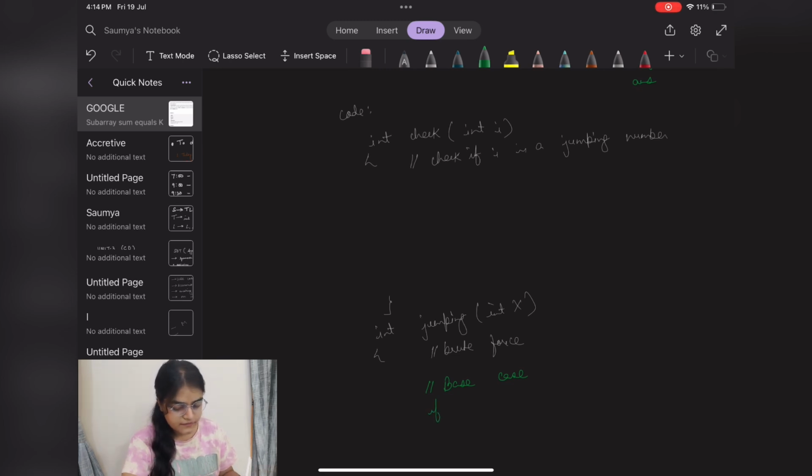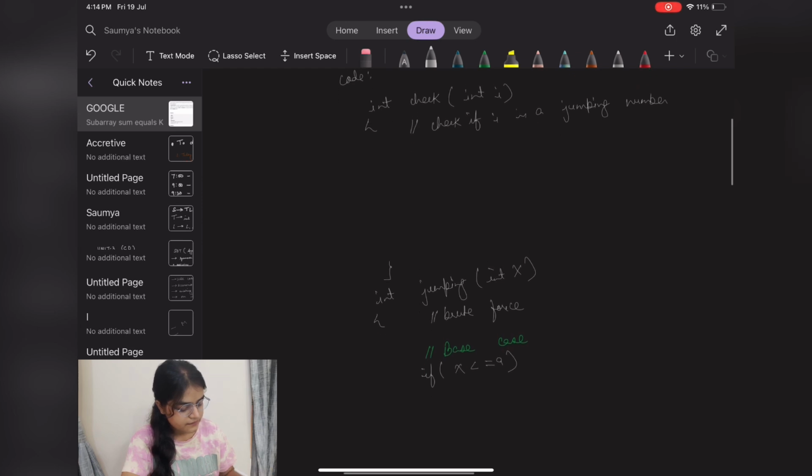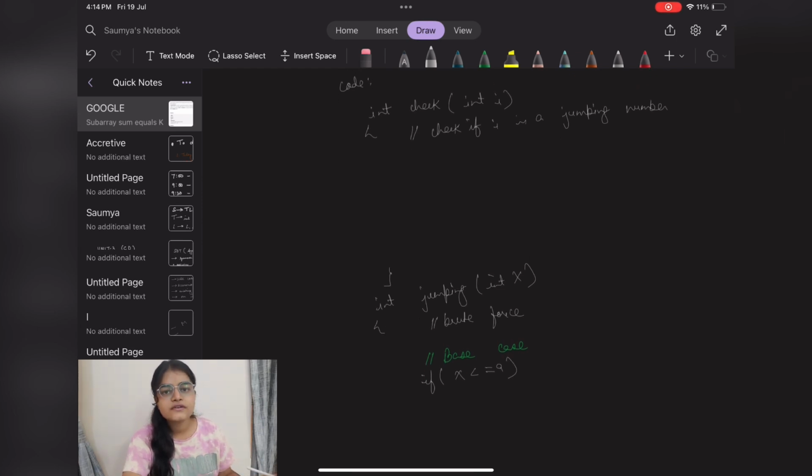So if x is less than or equal to 9, let's also include 10, because again 10 is also a jumping number. So if x is less than or equal to 10, return x, right?